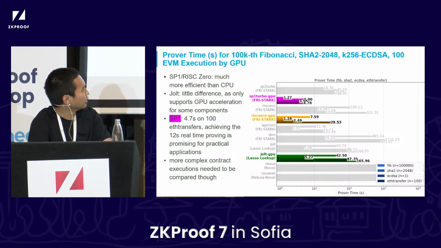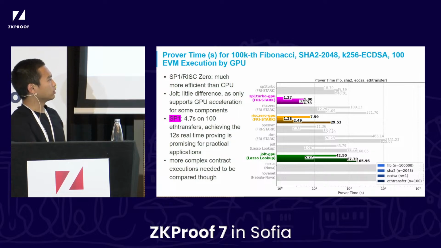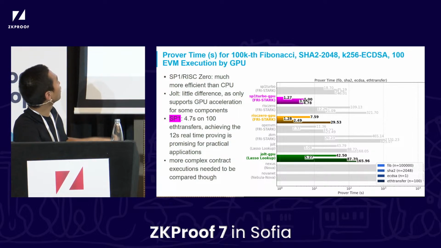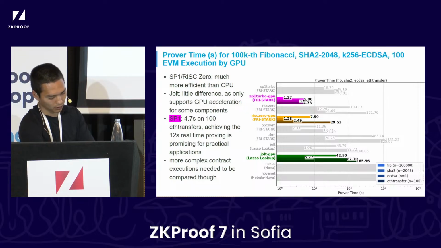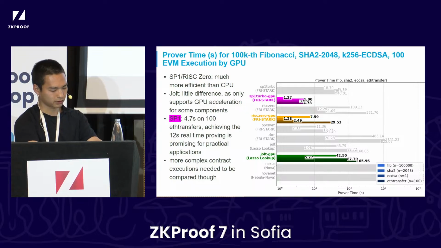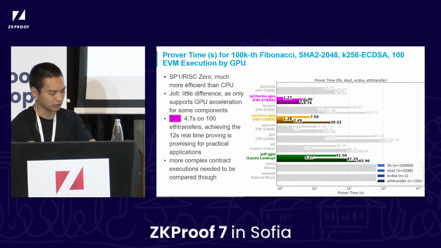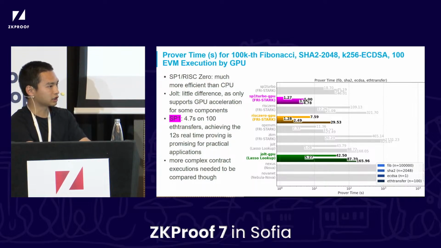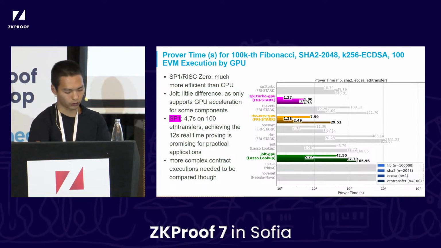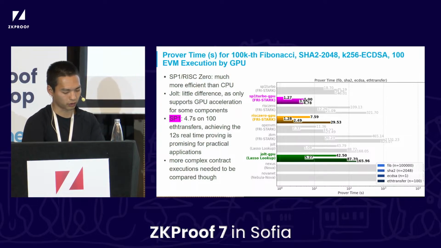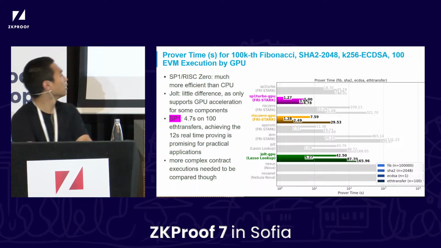And notably, SP1 generated a proof for EVM execution in only 4.7 seconds. While some more complex contract executions need to be compared, achieving 12-second real-time proving is promising for practical applications.